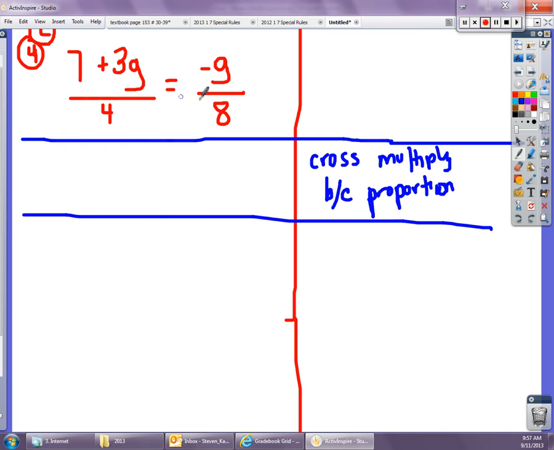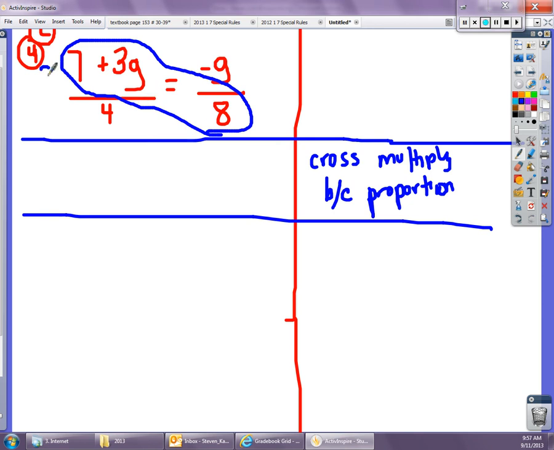Here, this one, there were a couple ways to solve this problem. Sometimes because there's two denominators, you could have multiplied both sides by 8. But what I noticed is that you have two fractions that are equal, so that's a proportion. So in order to solve this, I cross-multiplied 8 times 7 plus 3g.